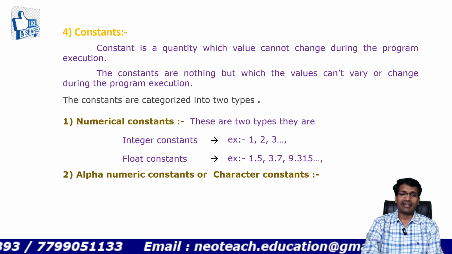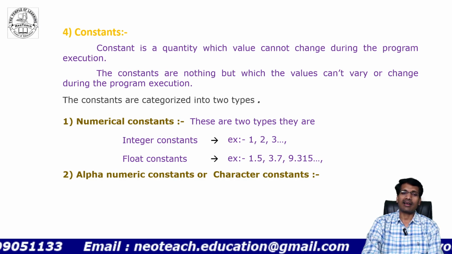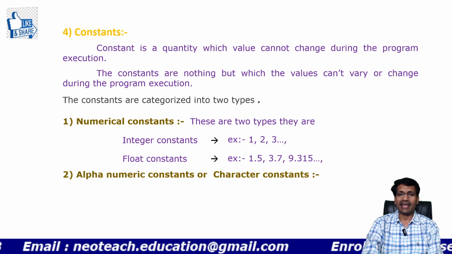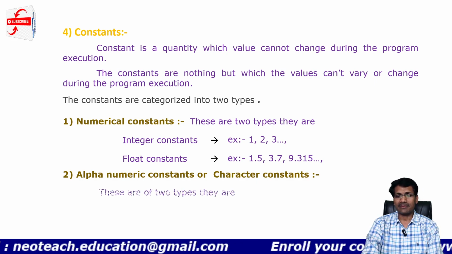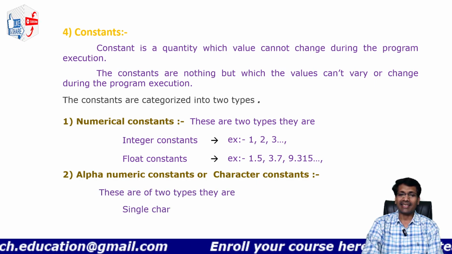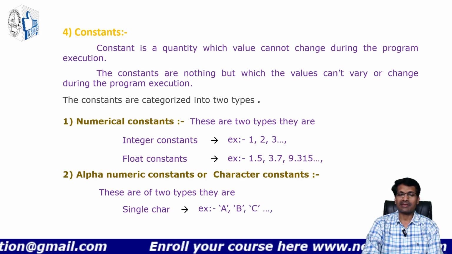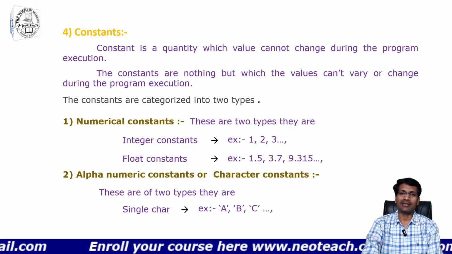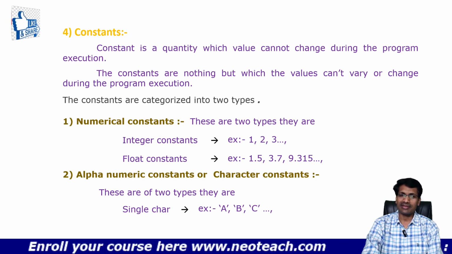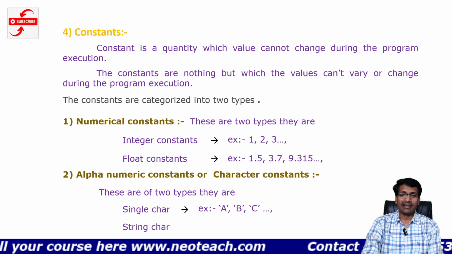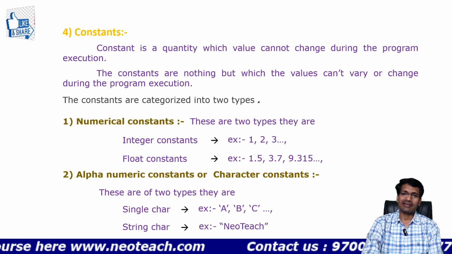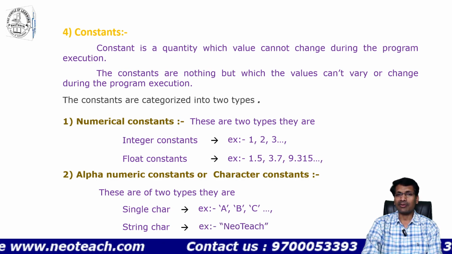The second category is alphanumerical constants, which we can also call character constants. In this also there are two types. They are single character constants, like A, B, C, individual single characters enclosed in single quotes, and string constants. A string is a group of characters enclosed in double quotes.